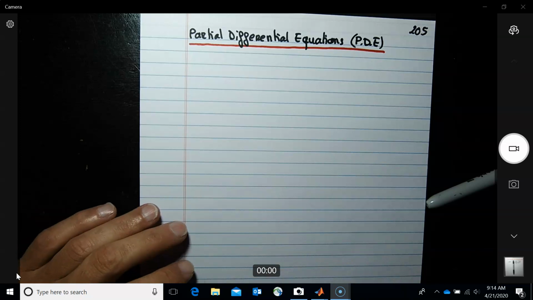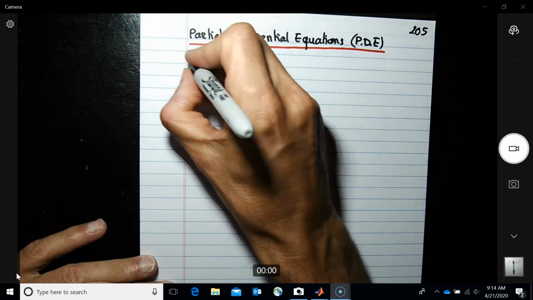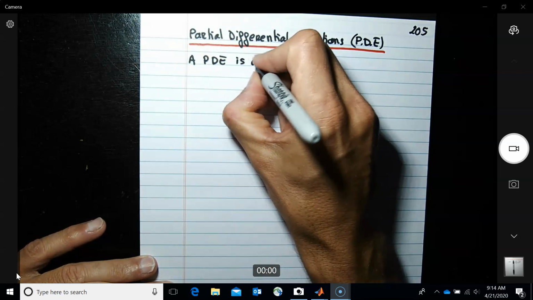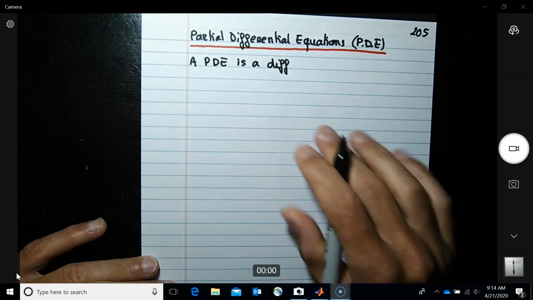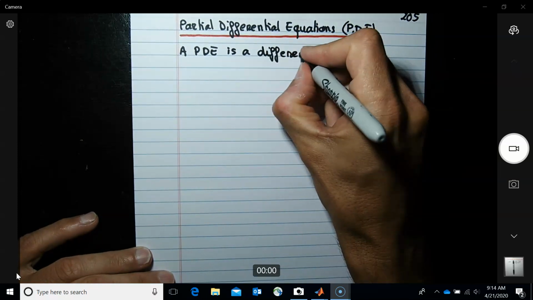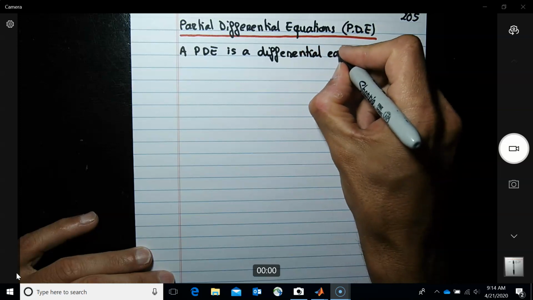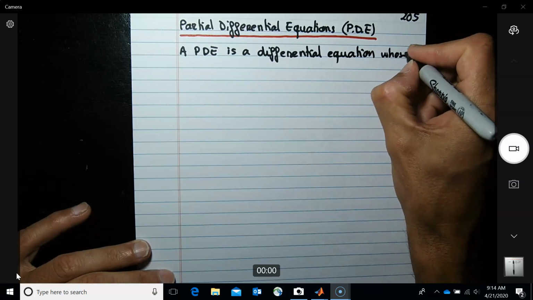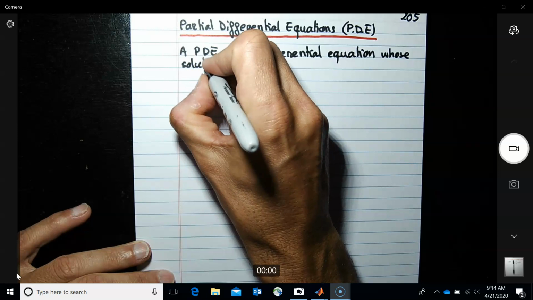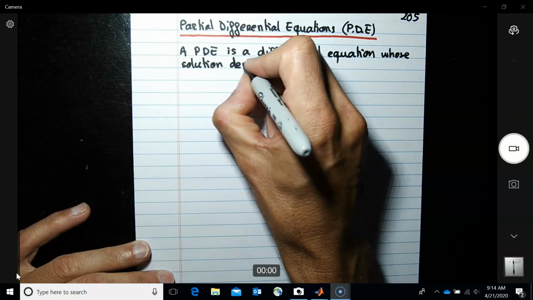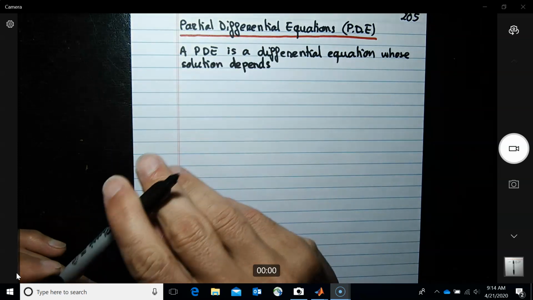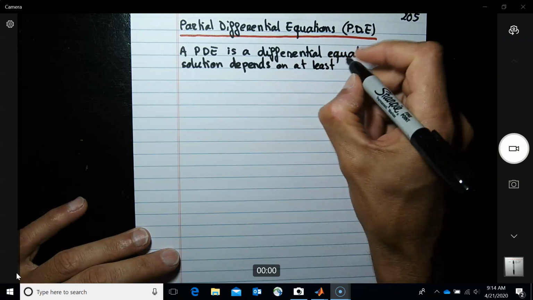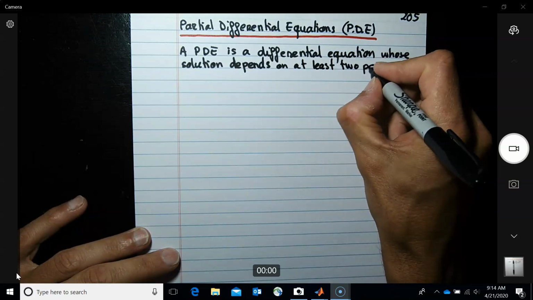Okay, so what is a PDE? So it's obviously a differential equation. A PDE is a differential equation whose solution depends on at least two parameters.